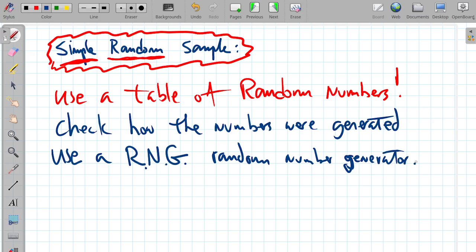If you can't get random selection, what you can do is random assignment. That's always a way around that. I'm just trying to redo that word. Random number. There we go. Easier to read. So random assignment.